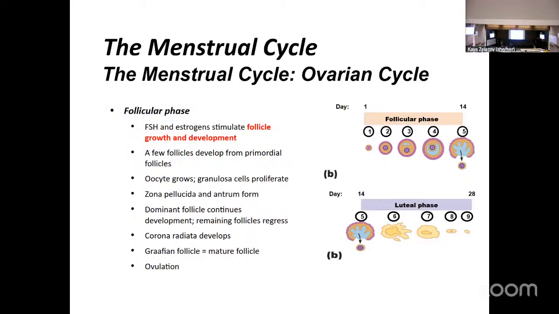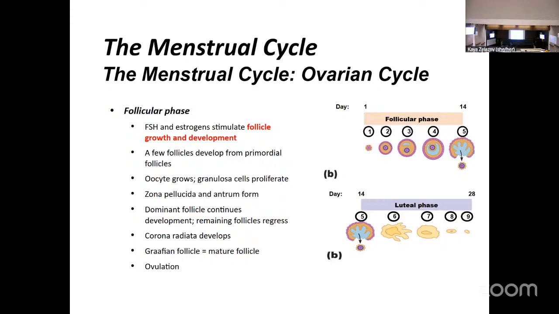Okay. So our oocyte is growing inside this follicle that's developing, and the granulosa cells that were surrounding it are proliferating, so we're making more of them. And we're going to start to form some new zones in these growing follicles made up of some new cell types.